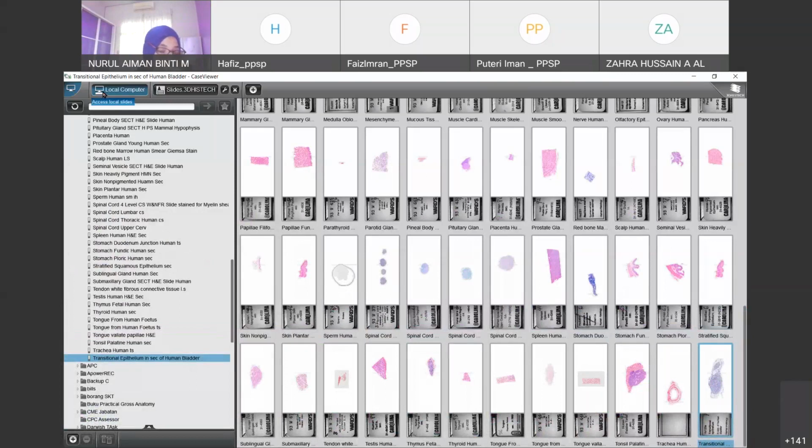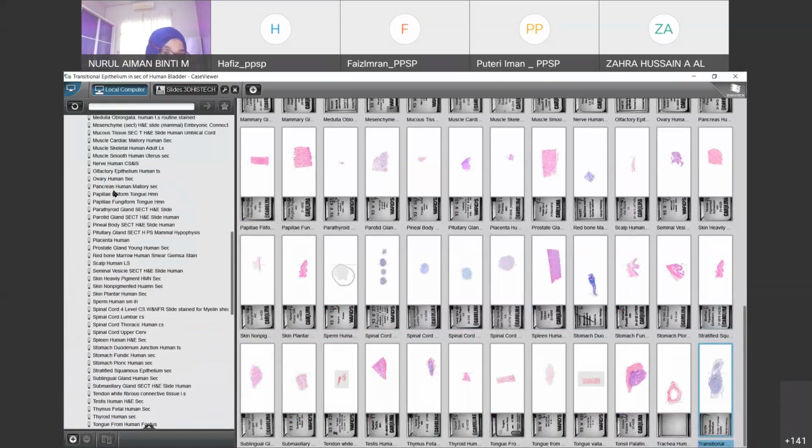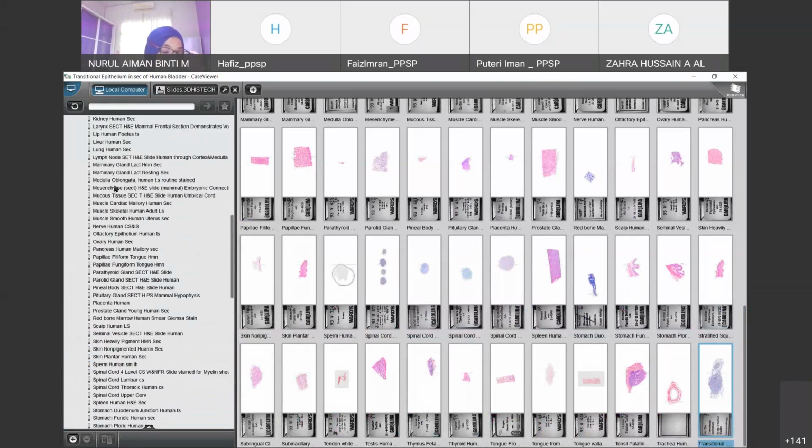What other stratified columnar or transitional epithelium do we not find? We go towards this one, which is also simple columnar. Stratified columnar is not much inside the body except in the submandibular gland.